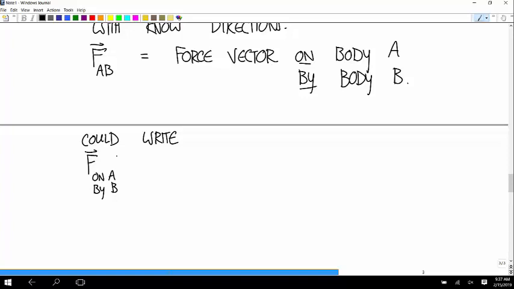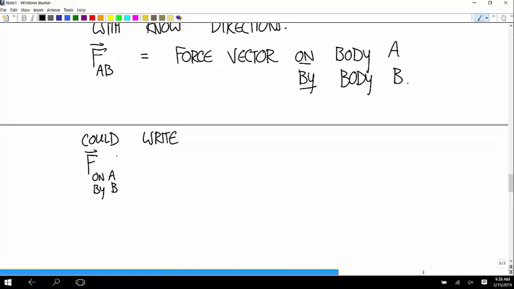And people use this notation because it's quicker. The thing that's a nuisance about it is, for the most part, engineers use this to mean the force on A by B, like I'm using it. And physics people tend to use that to mean the force A applies to B, the exact opposite meaning. So that's a pain, and I don't have a solution for that.